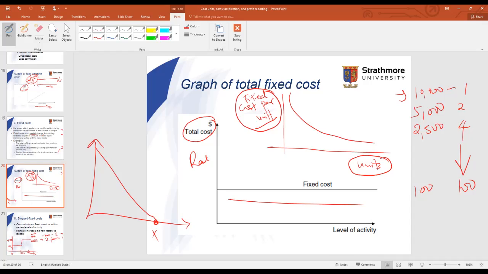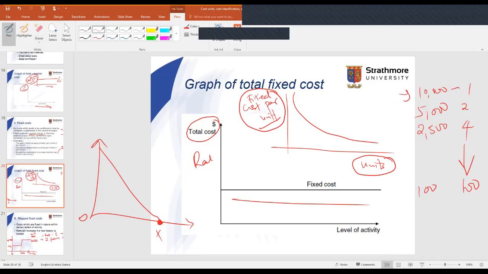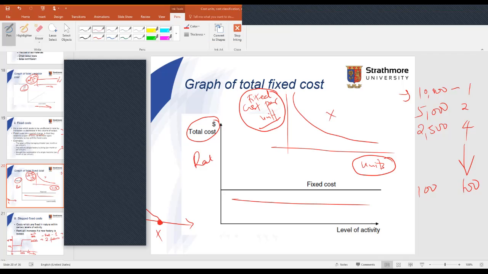No, because either way you have to incur some cost irrespective of the number of units. That's why it will be more of a curve. I'm not sure of the exact shape, but it can't be a straight line, because at some point the graph would touch the x-axis and the cost would be 0, which is not realistic. It has to be a curve. Okay, thank you.